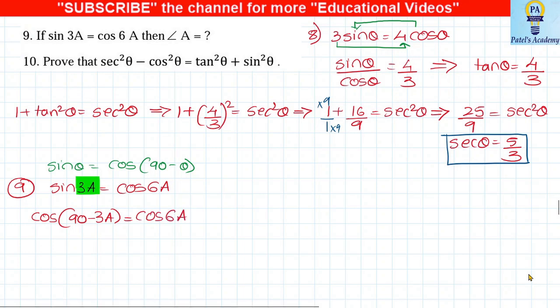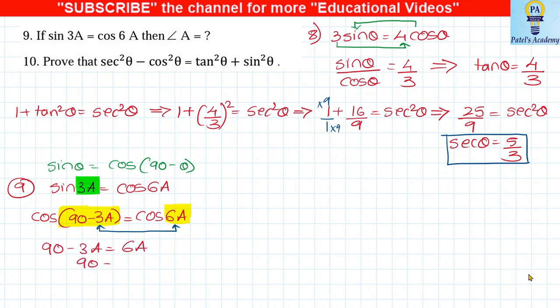Now here what we see is we have cos on both sides. Remember, cos and cos will not cancel. Cos is not a number, it is a function, so it cannot cancel. But what I can do is equate the angles, because on each side I have cos. What I'll get is 90 minus 3a equals 6a.